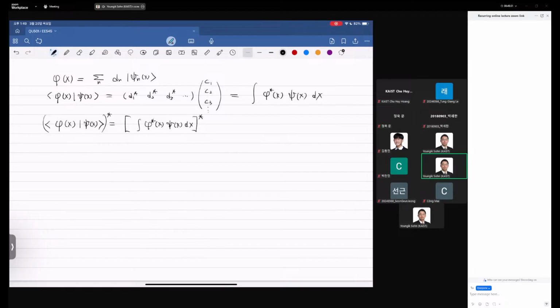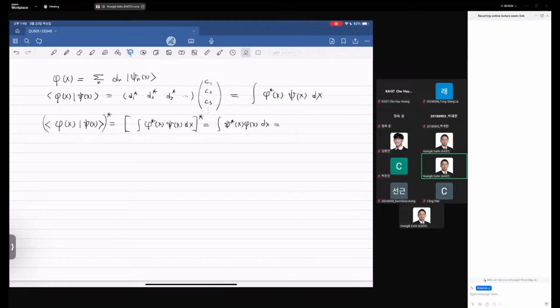For the complex number, I take the complex conjugate and see all the rules are working fine. At this moment we just focus on the integral form, and this one is nothing but the integrand, I apply that star, and then add up. Since they're just numbers, there's no problem changing their order, so I can do this.